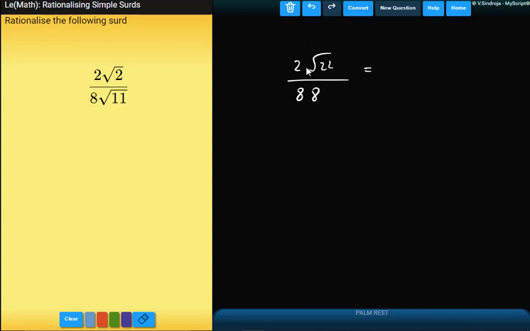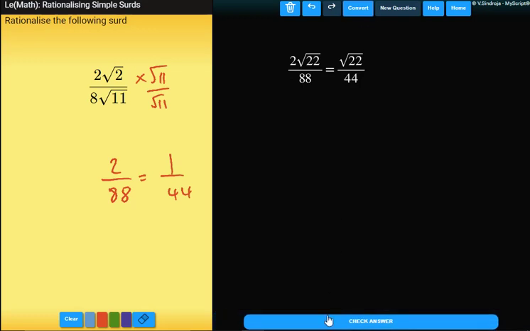Just be careful because this is not the final answer. Remember what we did is multiply top and bottom by root 11. I forgot to write that, but we should. Then the 2 and the 88 can simplify to 44, because 2 over 88 is equivalent to 1 over 44. So you don't need to write the 1, but that's the simplified answer.